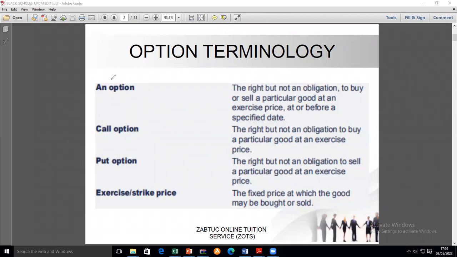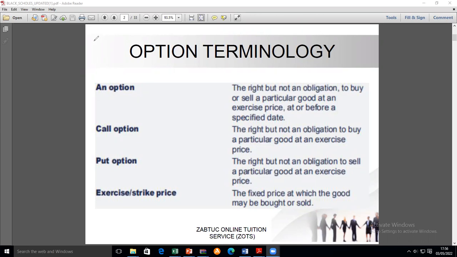We just looked at the concept of a collar, isn't it? And we said that one of the advantages of a collar is to reduce the cost of using options. So options have got a cost. To buy an option, you need to pay, and what you pay is called a premium.